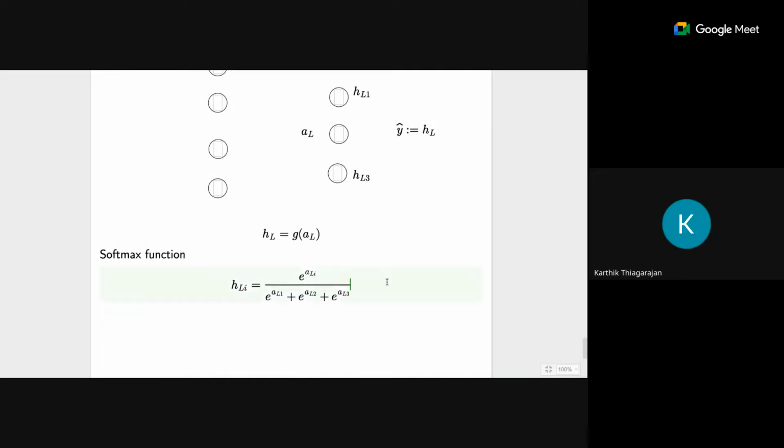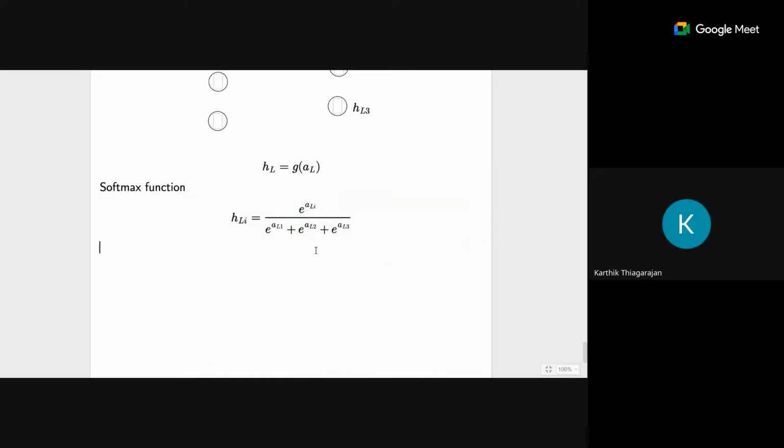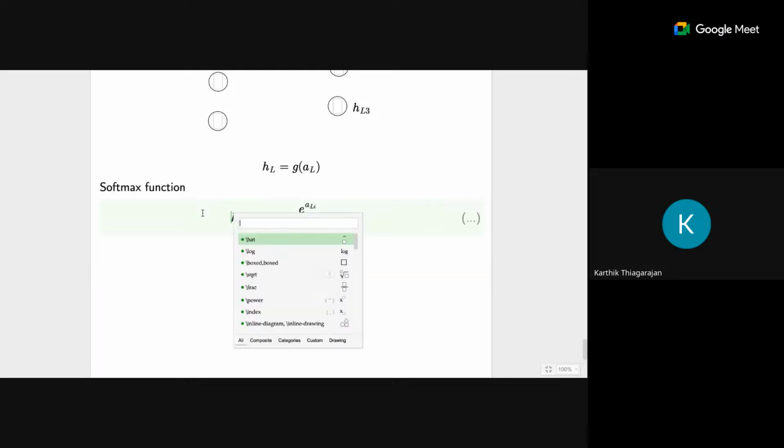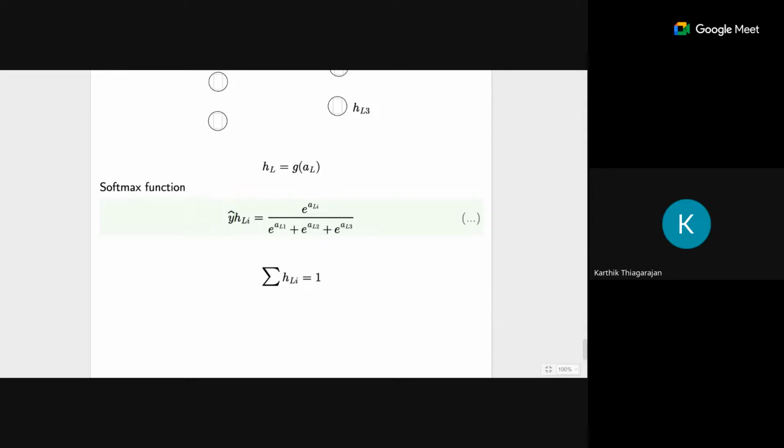So this is going to have the nice property that if you sum the h_L_i, it is going to be 1. There is nothing but y hat_i, the ith probability.